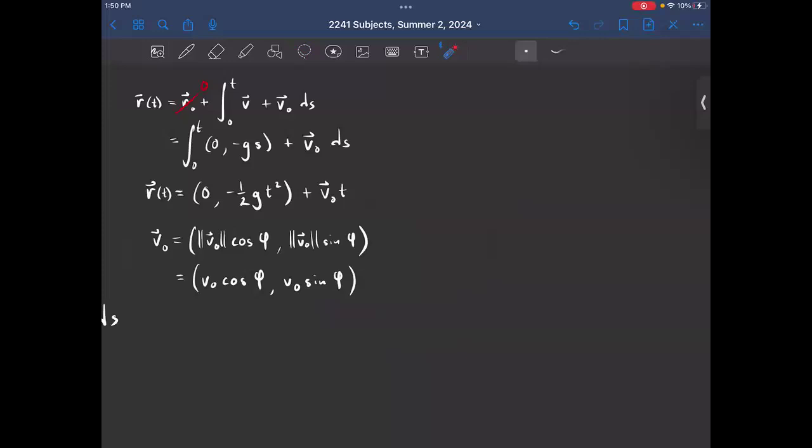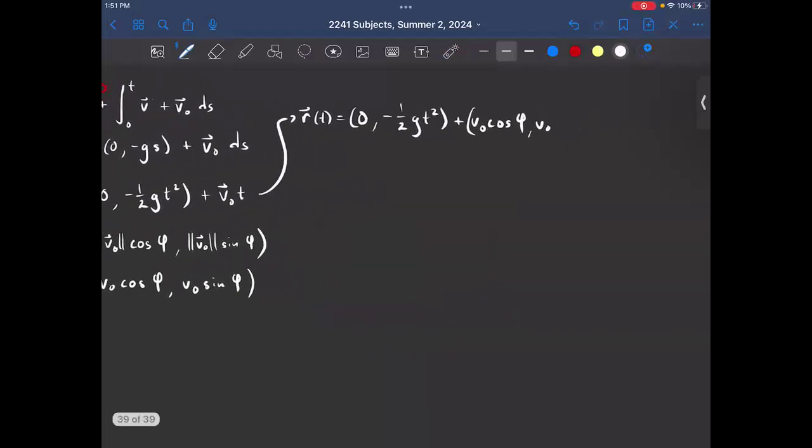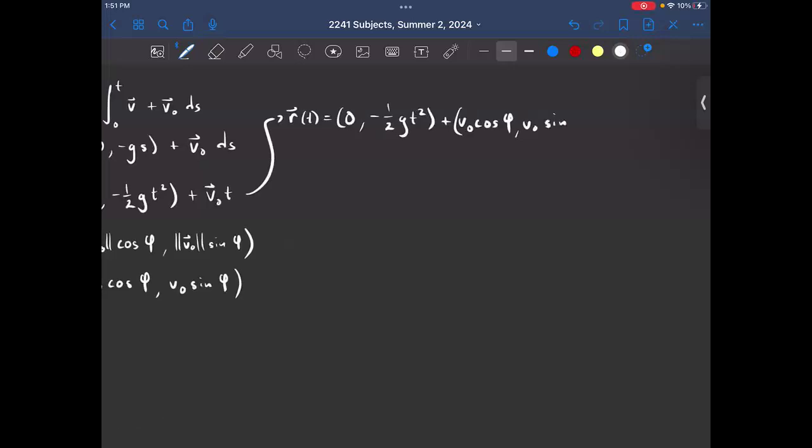Okay, so now we've got our position vector and our velocity vector in component form, and we can write r of t equals 0 comma minus 1/2 gt squared plus v0t, but v0t we've written in component form with v0 cosine, v0 sine, and then times t.